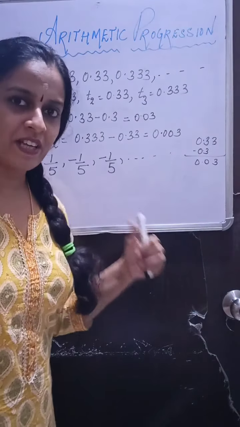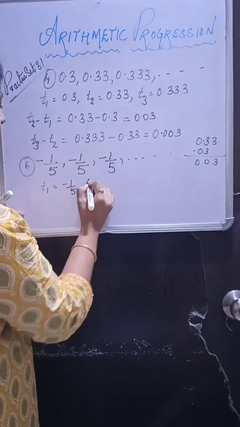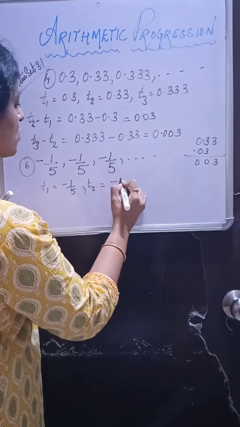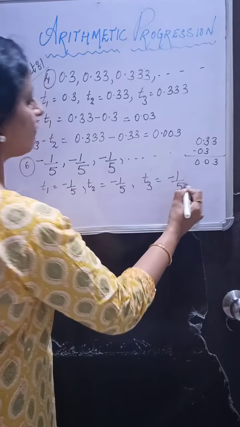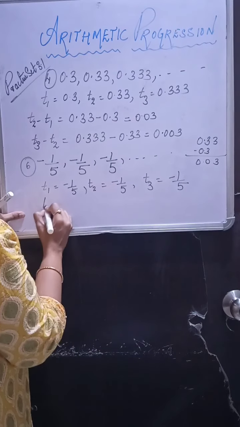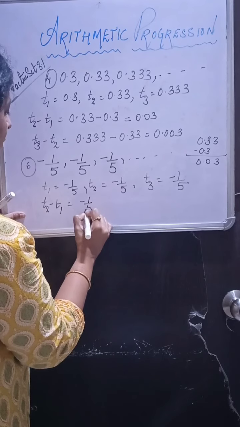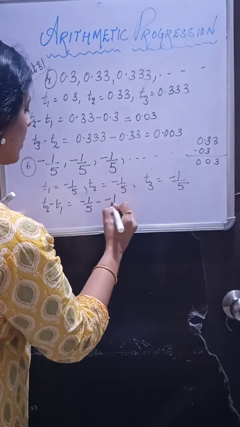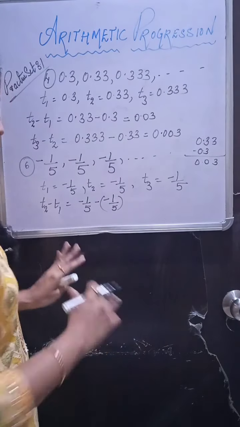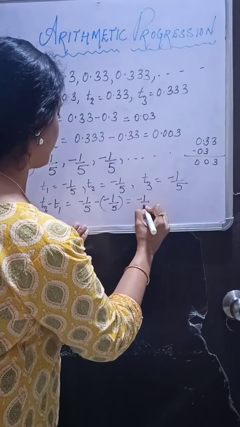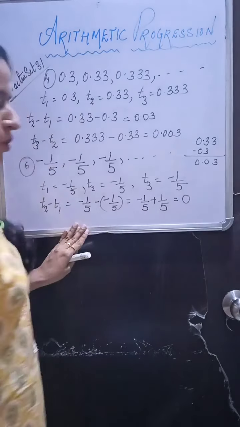Okay. Sixth question. T1 is minus 1 upon 5, T2 is minus 1 upon 5, T3 is also minus 1 upon 5. Subtract and check. T2 minus T1 will give you minus 1 upon 5 minus of minus 1 upon 5. Minus and minus will get added, so minus 1 upon 5 plus 1 upon 5 will give you 0.